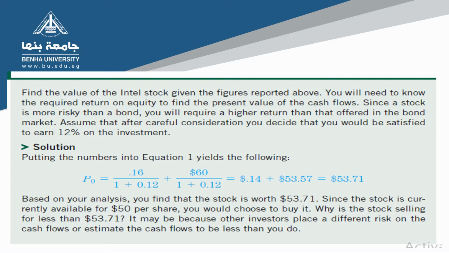Since the stock is currently available for $50 per share, you would choose to buy it. Now, why is the stock selling for less than $53.71? It may be because other investors place a different risk on the cash flows, or estimate the cash flows to be less than you do.